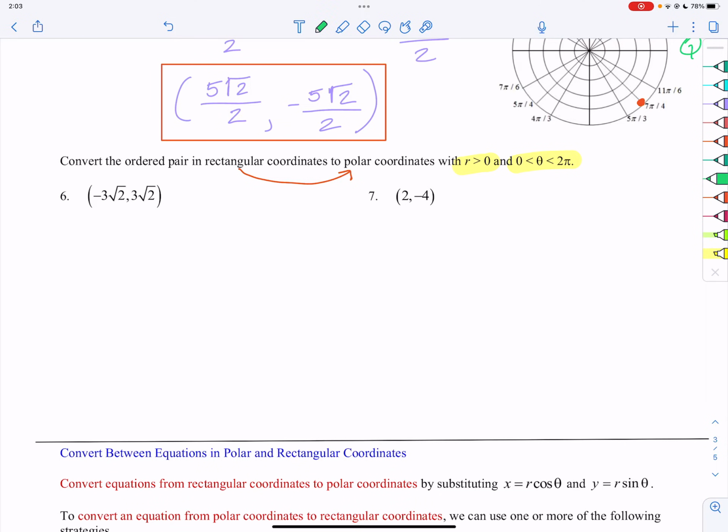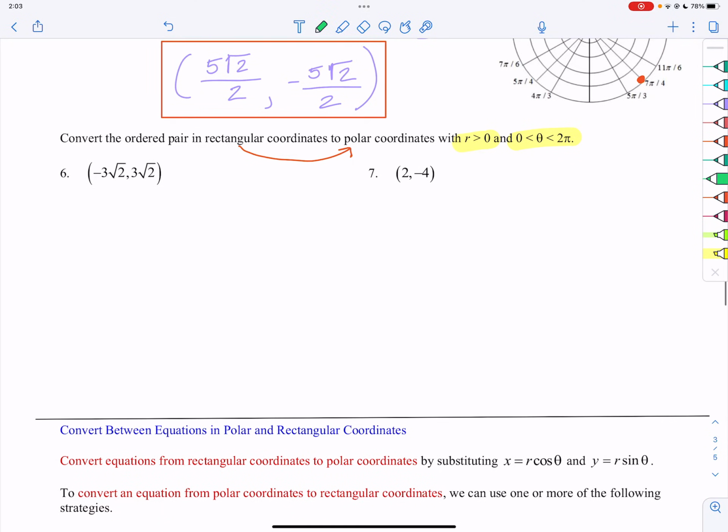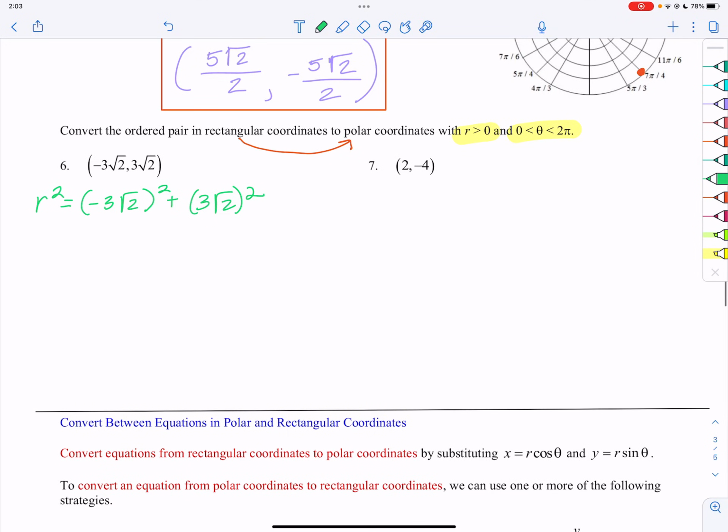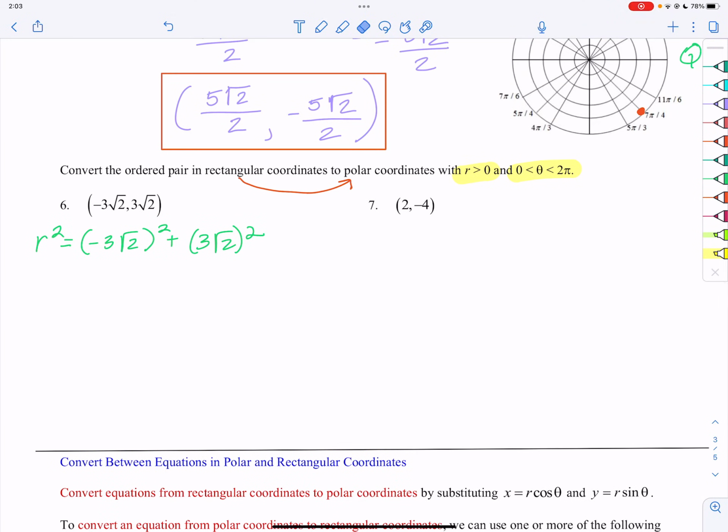So let's use the r squared equals the opposite of 3 root 2 squared plus 3 root 2 squared. And as you can see also, I'll draw it when we get down there.